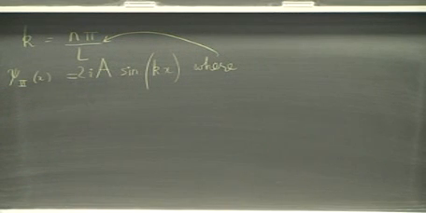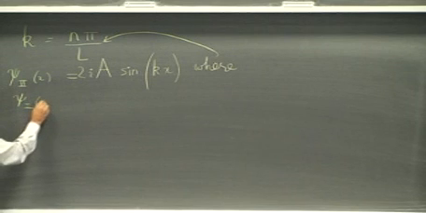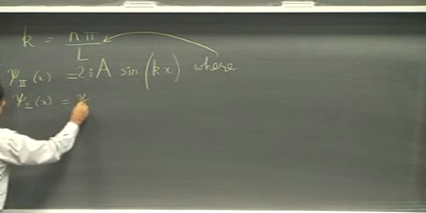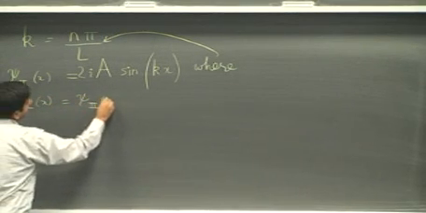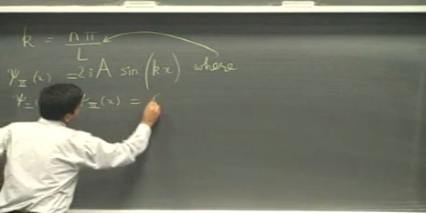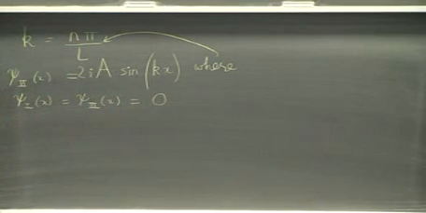This is our wave function in region 2. The wave function in region 1 is the same as the wave function in region 3, and that is identically equal to 0. So now we have solved the Schrödinger equation in its completeness.